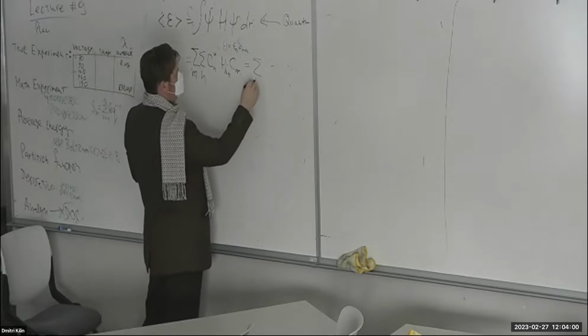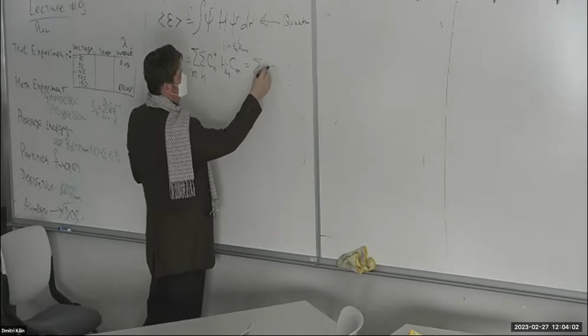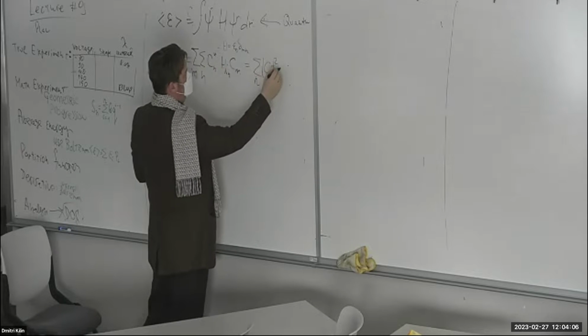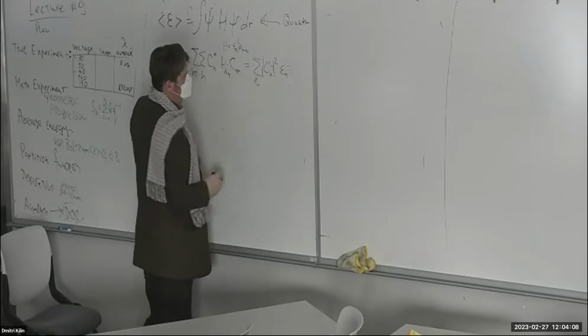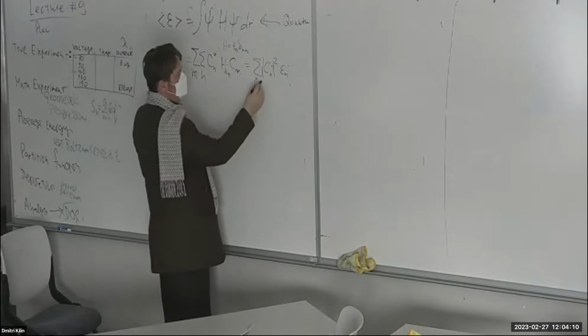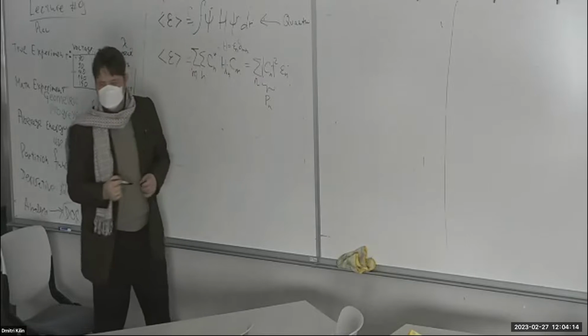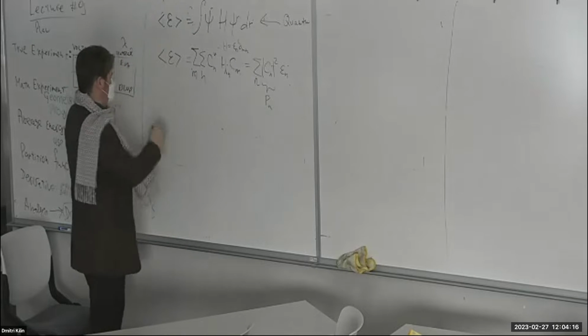And then we have summation over only one index, |C_n|^2 E_n. And then |C_n|^2 is the probability that quantum level number n is occupied.